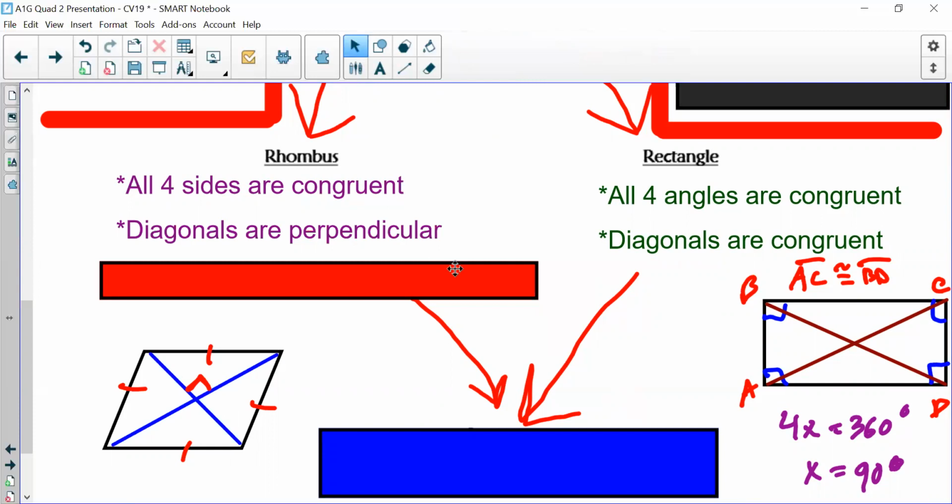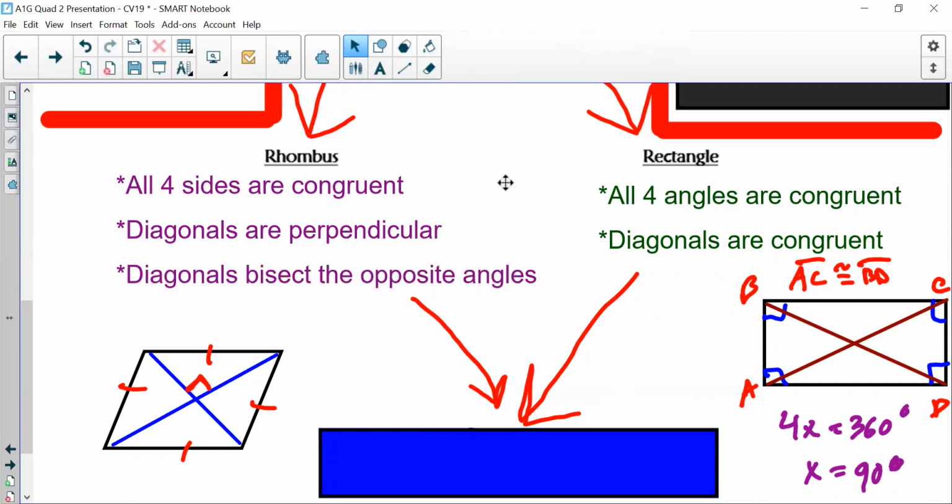The last property is the diagonals bisect the opposite angles. So what that means is the opposite angles in any parallelogram are congruent, but the diagonals of a rhombus split those angles into two congruent angles.